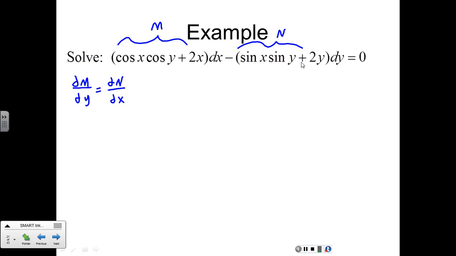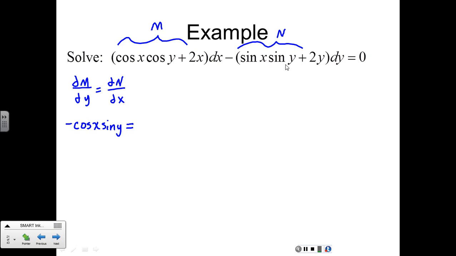So if I took the partial derivative of this one with respect to y, cosine of x is just a constant. The derivative of cosine y would be minus sine y. So this would be minus cosine x, sine y, and then the derivative of this with respect to y would be nothing. Equal to, on this over here, this n. Now remember, you got to take the minus sign with it also.